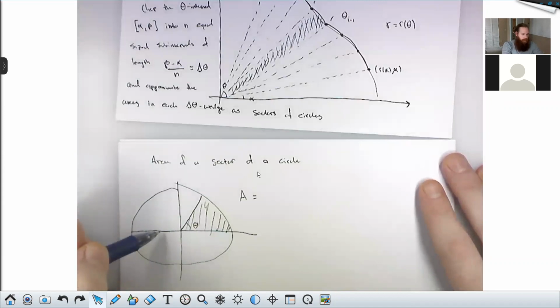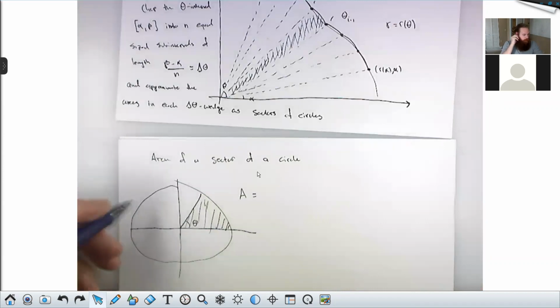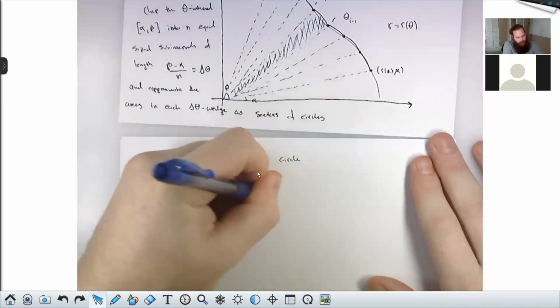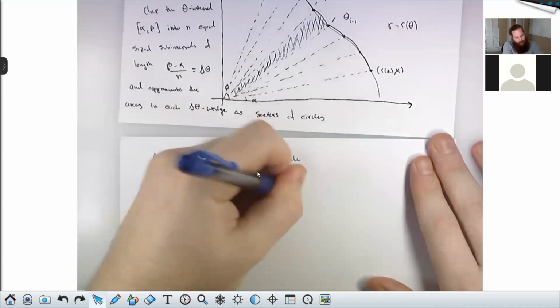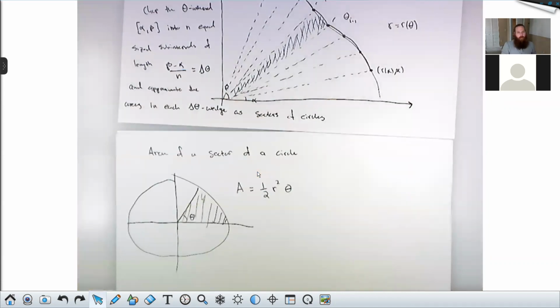When theta is pi, the area is half the whole circle. And it has to be a quadratic function of the radius, because we know the area of the whole circle is pi r squared. It's 1/2 r squared times theta. And you can check if you plug in theta equals 2 pi, then you get pi r squared, the whole area of the circle.